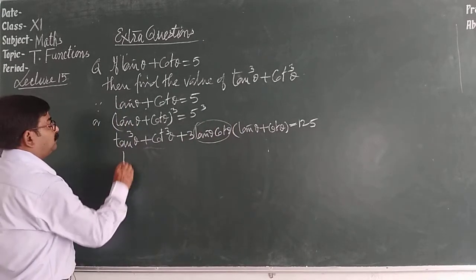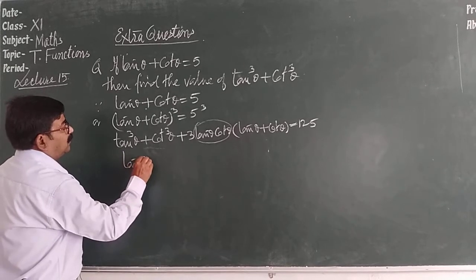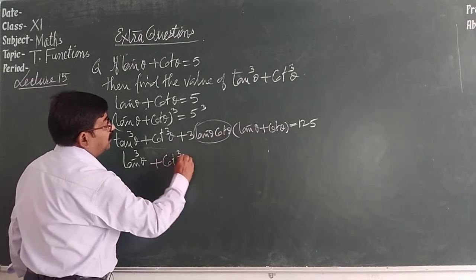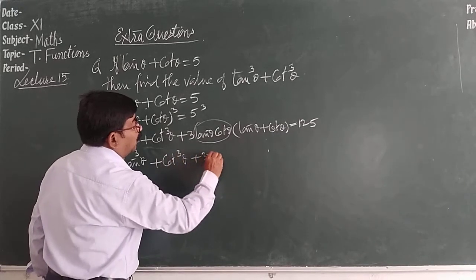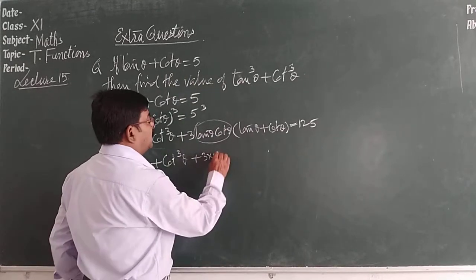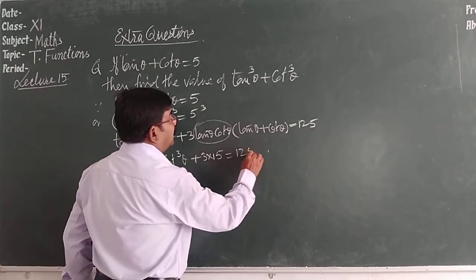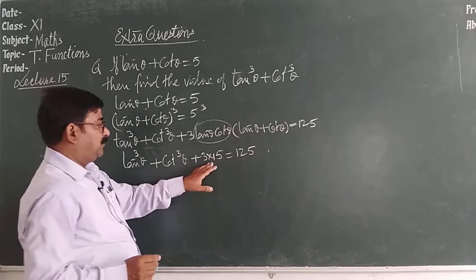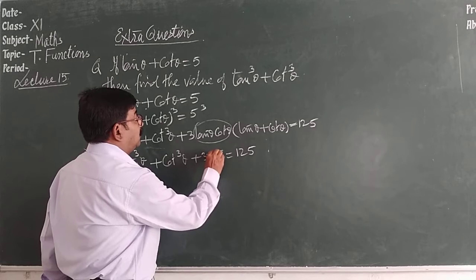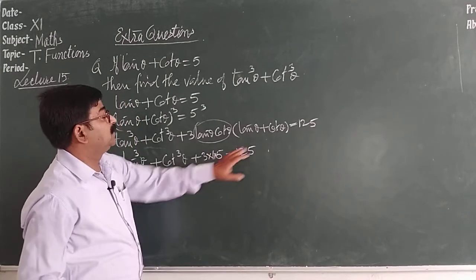So we have tan cube theta plus cot cube theta plus 3 into 1, and tan theta plus cot theta is given 5, is equal to 125. 3 5s are 15, and this will go this side.